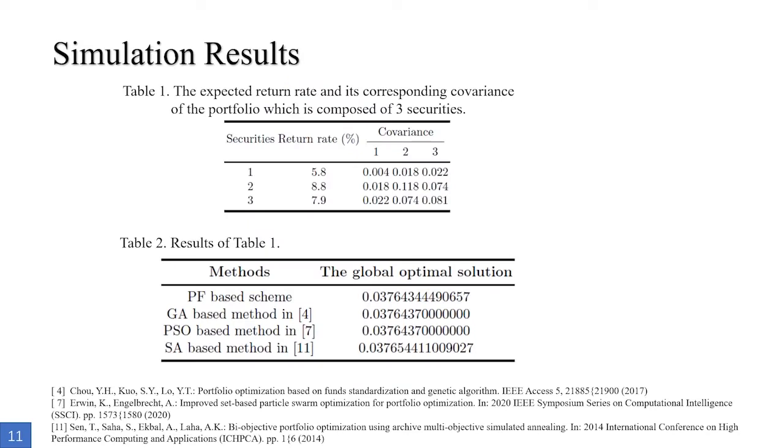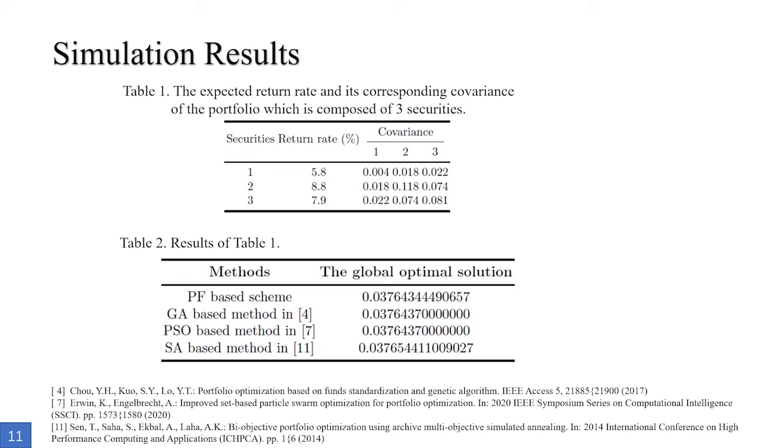We have conducted several simulations to test the performance of the proposed scheme. Table 1 shows the expected return rate and its corresponding covariance of the portfolio, which is composed of 3 securities.